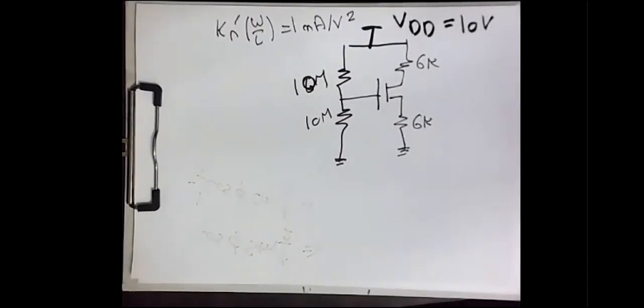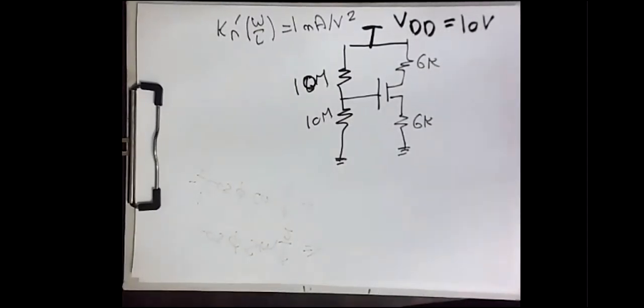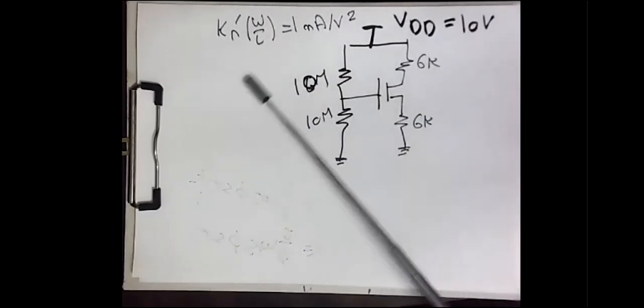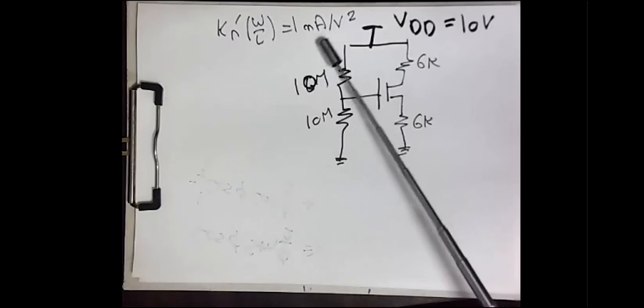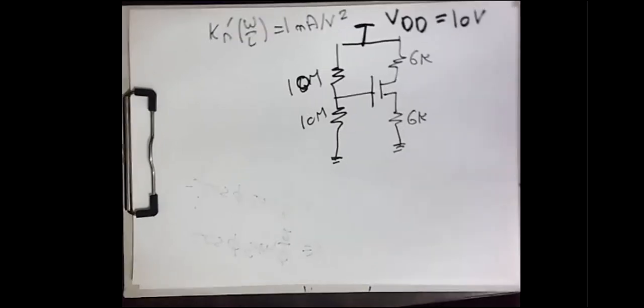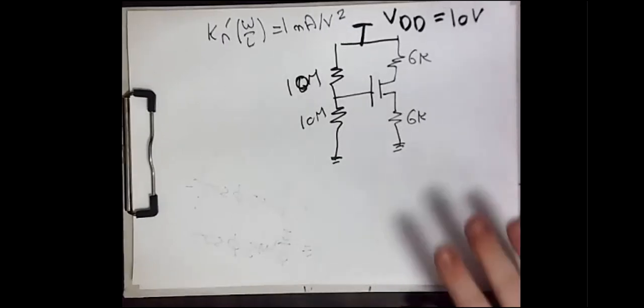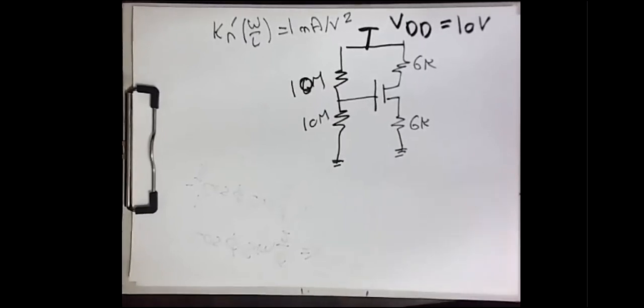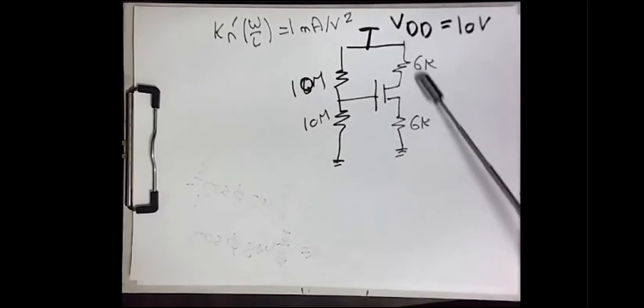This is the supply, and as I told you, the term k'n W over L will always be given. Here it is 1 milliampere per volt squared. So this is the overall circuit schematic we are going to solve. What we are seeking is to calculate the voltage on the drain and the current flowing from the drain to the source. This is what is requested.